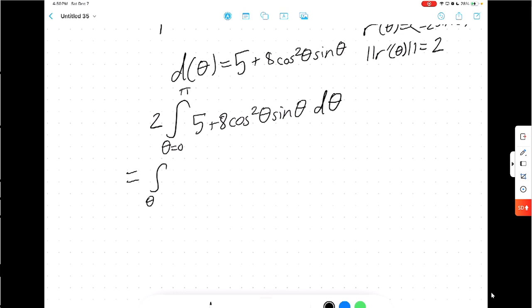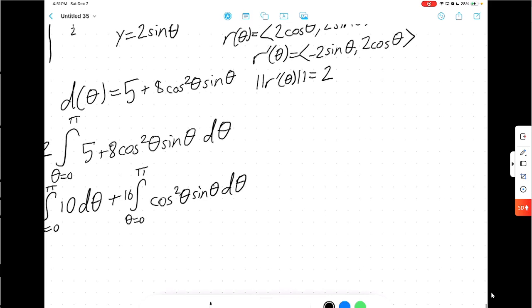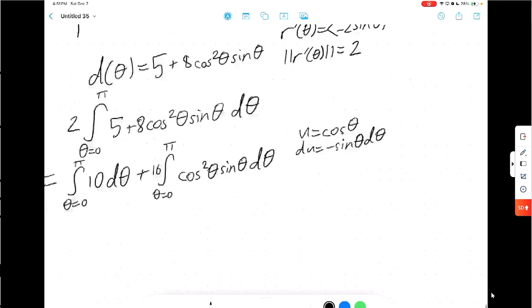I'm going to split this up into two different integrals. So 10 d theta plus 16 times the integral of cosine squared theta sine theta d theta. This is going to be u is equal to cosine theta, du is equal to negative sine theta d theta.